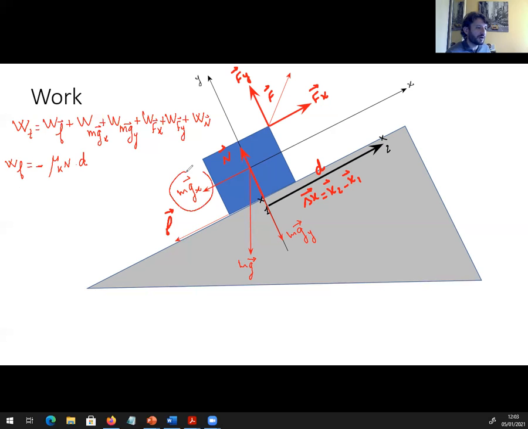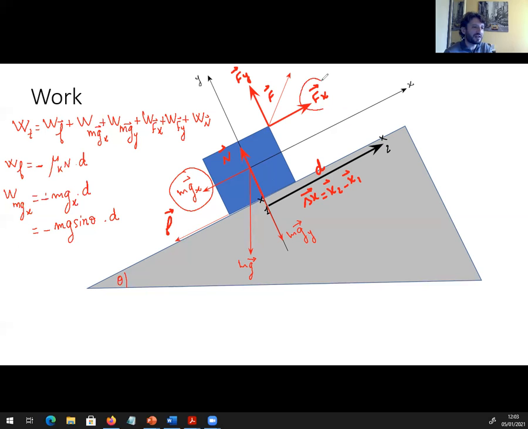Mgx is opposite to the displacement, so omega mgx equals minus mgx times the displacement d. You know that mgx equals mg sine theta, where theta is the angle of the inclined plane. So we can write mg sine theta times d.